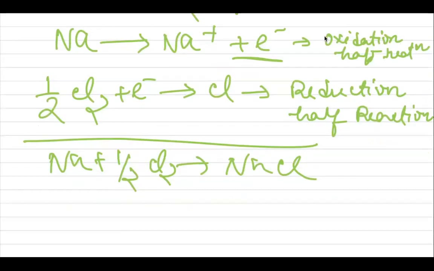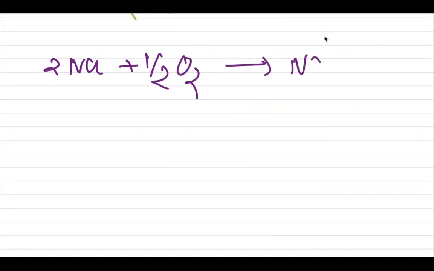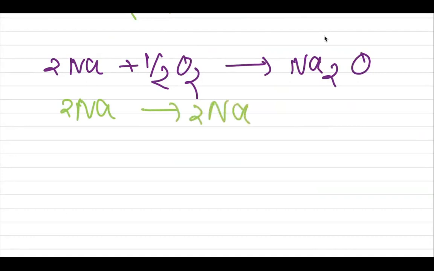Okay, let's take one more example. When 2 sodium reacts with half O2, it forms Na2O. So 2 sodium forms 2 Na plus. For forming 2 Na plus, it has to remove 2 electrons. So this process is oxidation.